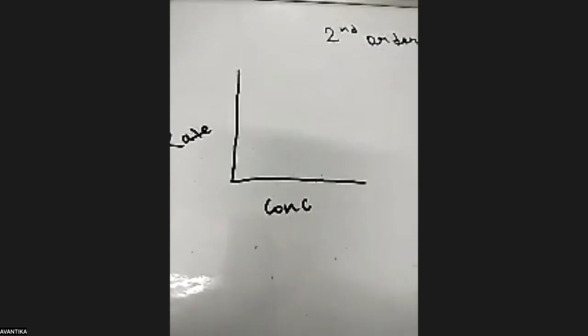For second order reaction, the expression is K is equal to 1 upon T, 1 upon AT minus 1 upon A naught.